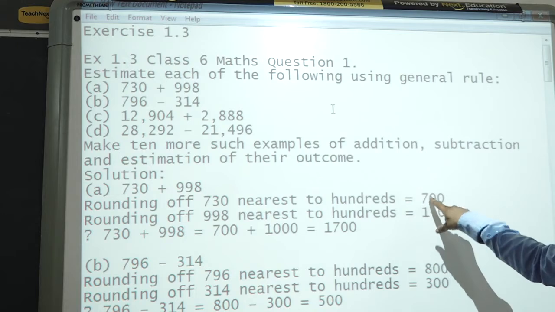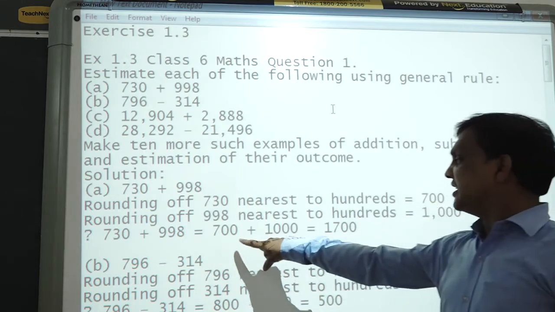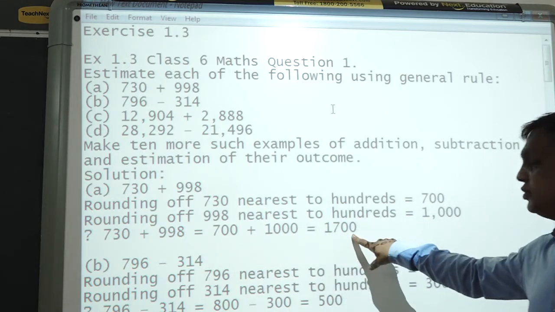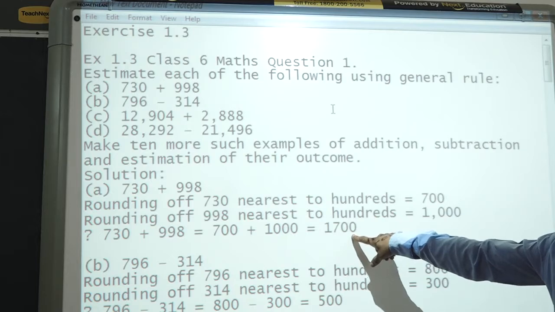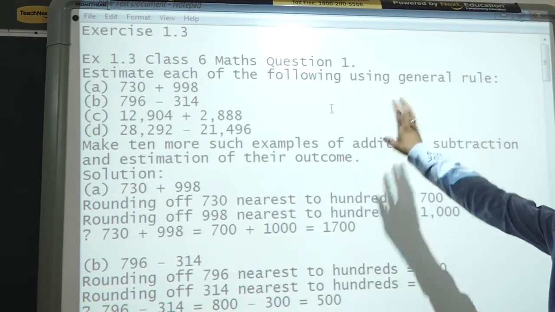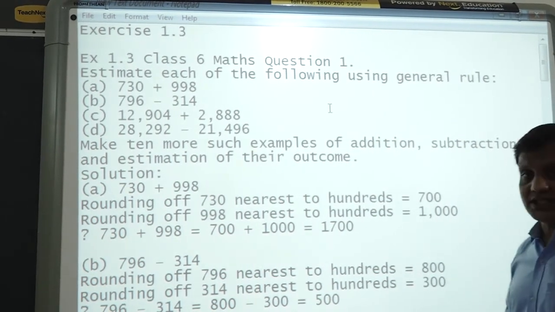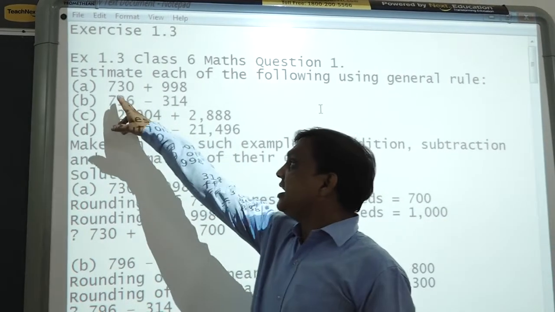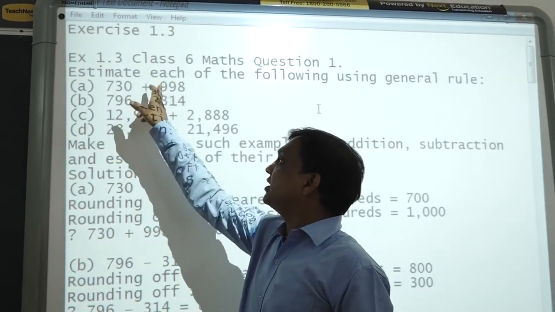Now add both numbers: 700 plus 1000 equals 1700. What we did is called the general rule. General rule means we look at the last digit place, which is the hundreds, so round off to the nearest 100.